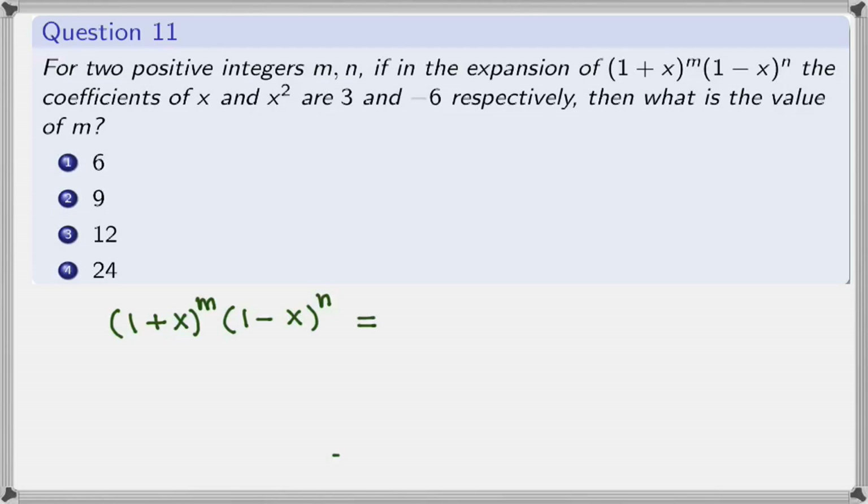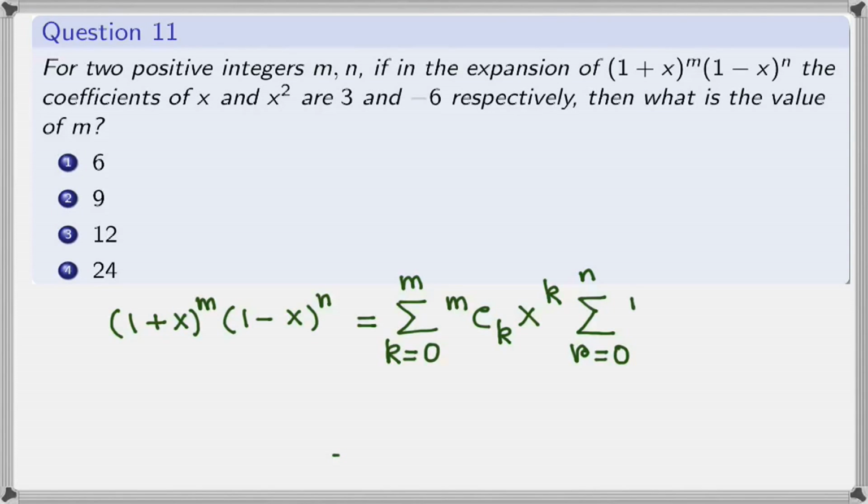This is equal to summation over k, k runs from 0 up to m, mCk x to the power k, into sum over r, r runs from 0 up to n, nCr (-1)^r x^r.